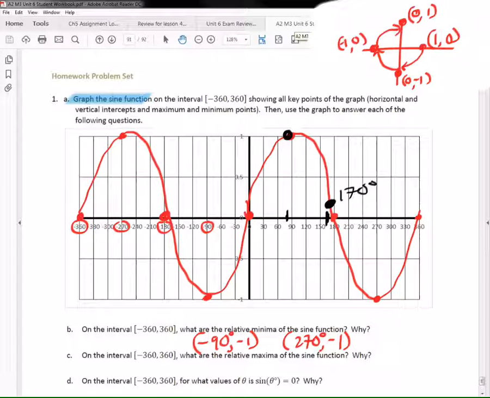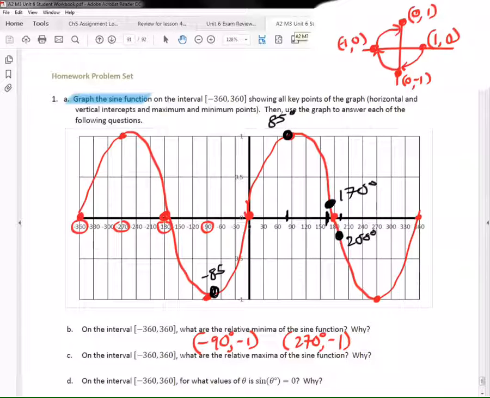Way up there. And then what's the next one after that? Was 200 next? I think 200 was next. No, yeah. So 200 is going to be right about right here. That's 200. And the last one, negative 85, would be down here.